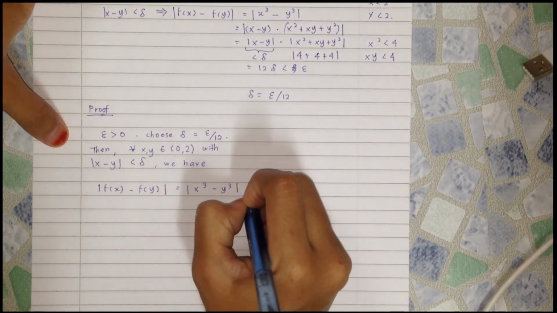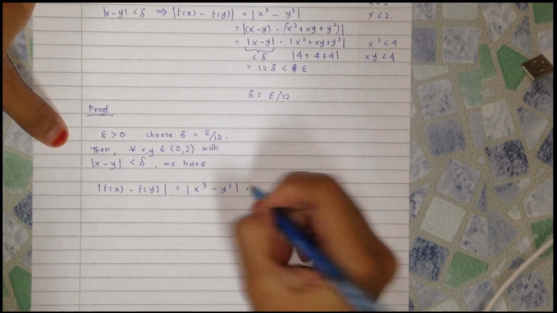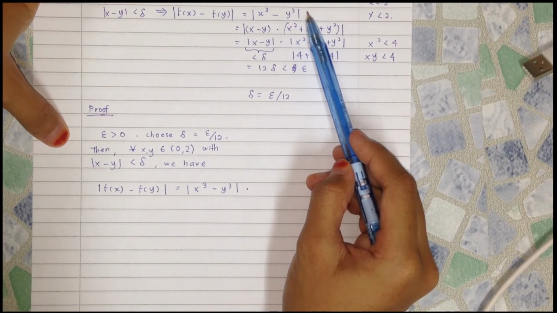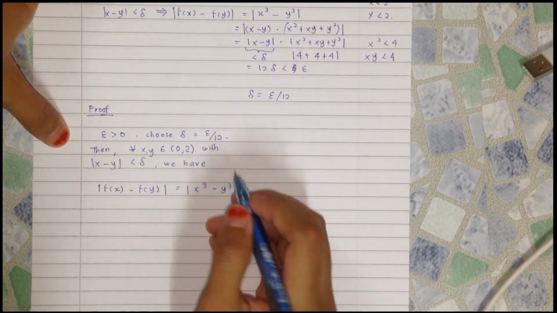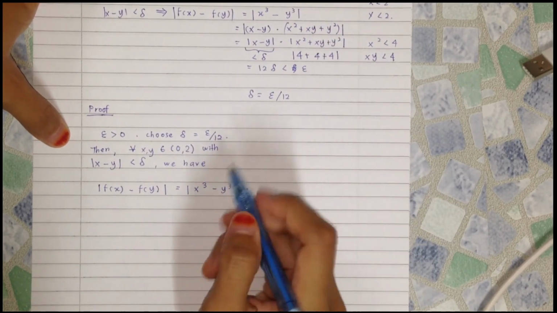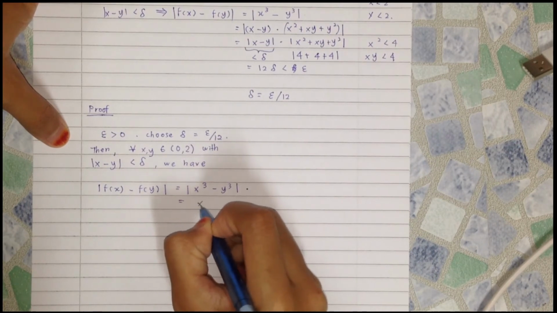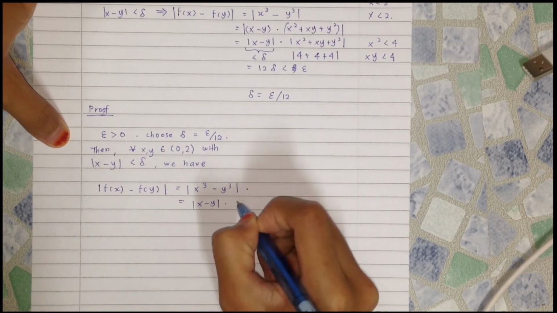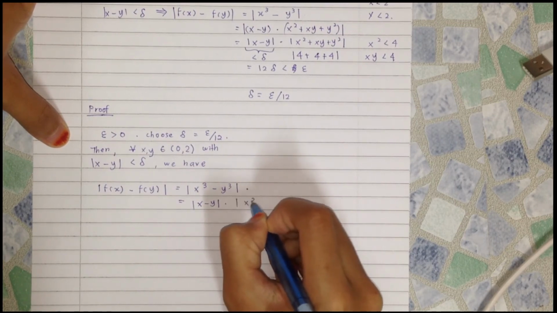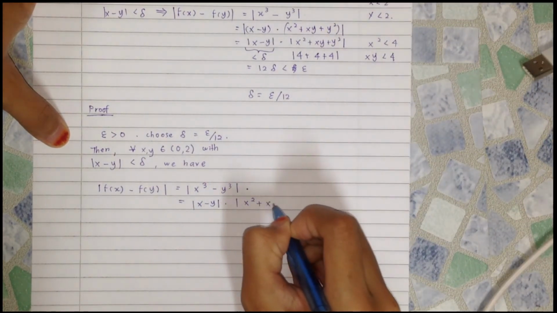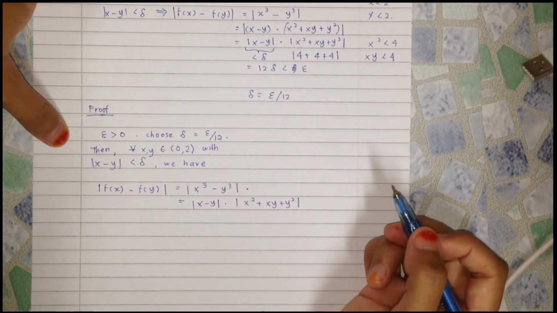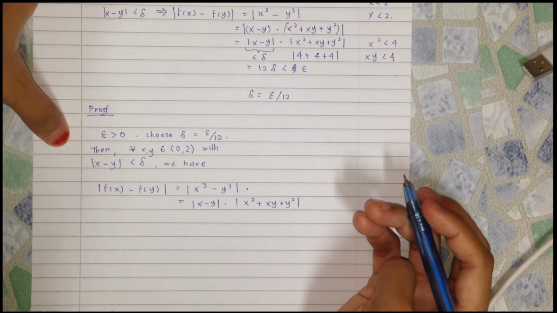So we are repeating the same steps, and it will be equal to (x - y) times (x squared plus xy plus y squared).